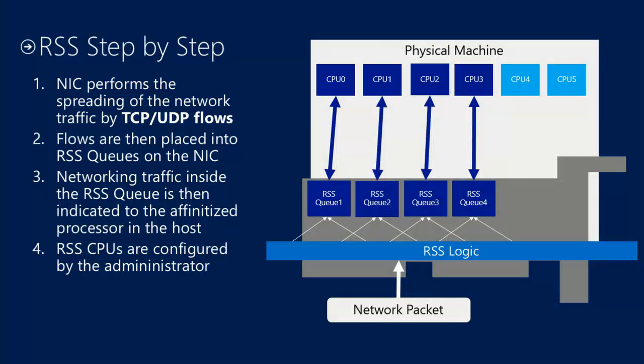We take that hash, take the last bits of it, and place it into a static indirection table. That table maps to one of these queues, and that queue will then interrupt the correct processor. In this way, traffic from the same flow is always guaranteed to interrupt the same processor, thus keeping your cache local.